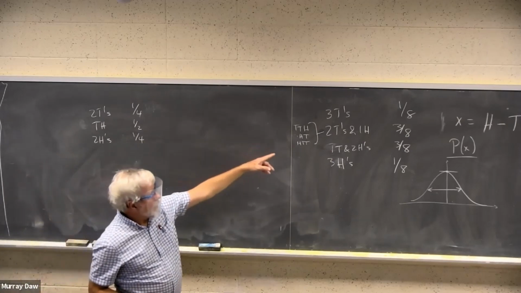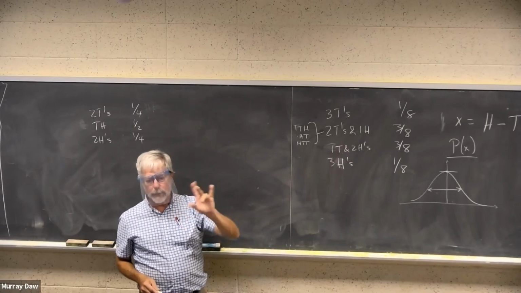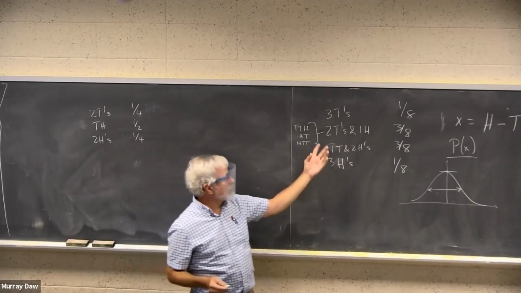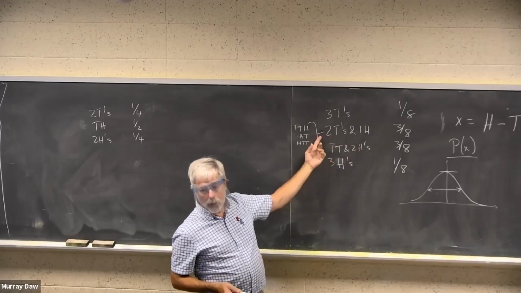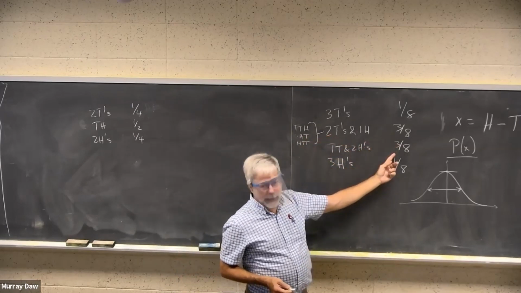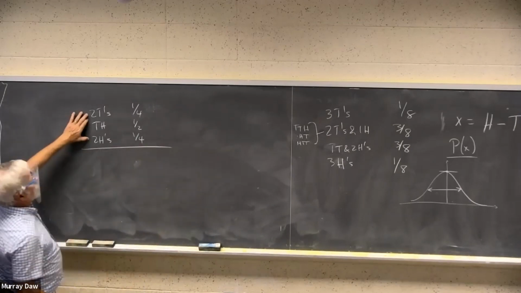For 3 coins, it's like this. Again, ignoring the order, whether it's 2 tails and a head or a head comes first, grouping all of those together, because we'd end up at the same place. All of these end up at the same place. So probability 3 out of 8. Okay, so there's the distribution for 2 coins.